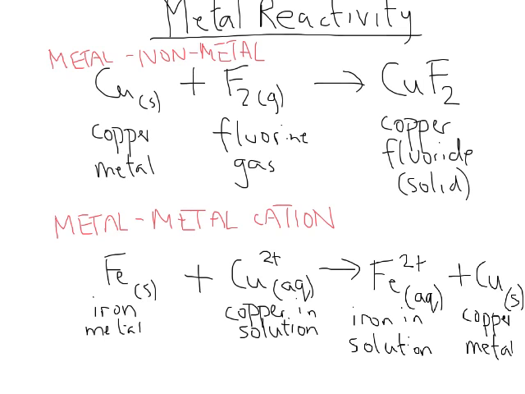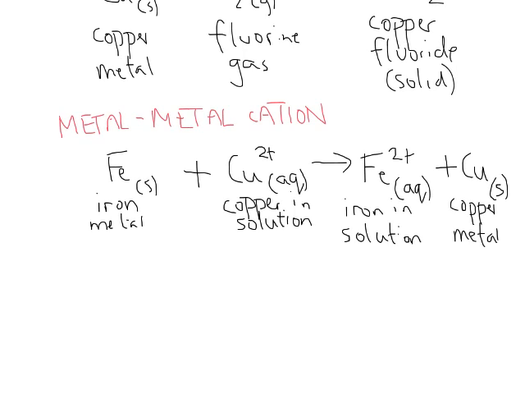They will kind of change places, and we call this kind of reaction where they change places like that a single displacement reaction. So we would call the whole thing a single displacement reaction.